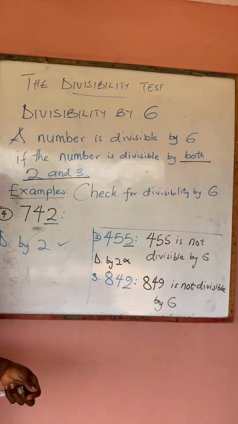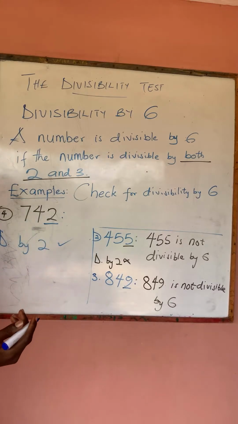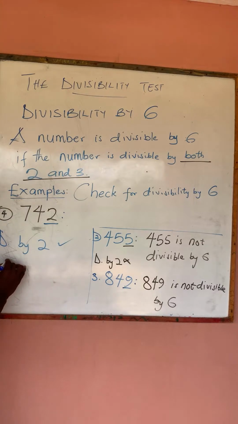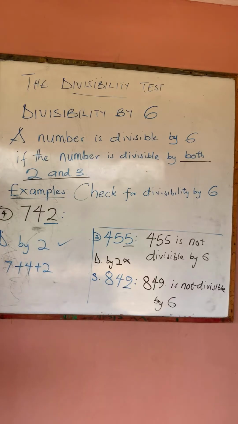Now we're going to check for divisibility by 3. So we're going to add up the digits and see whether our answer is a multiple of 3. So you get 7 plus 4 plus 2. 7 plus 4 is equal to 11. 11 plus 2 is equal to 13.